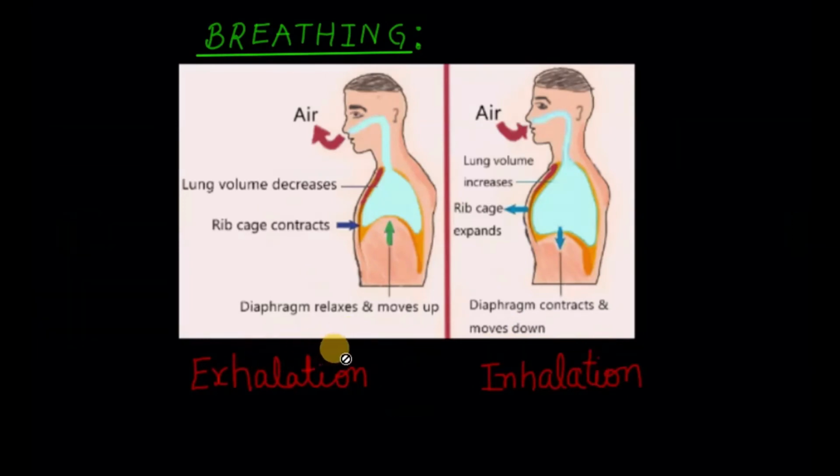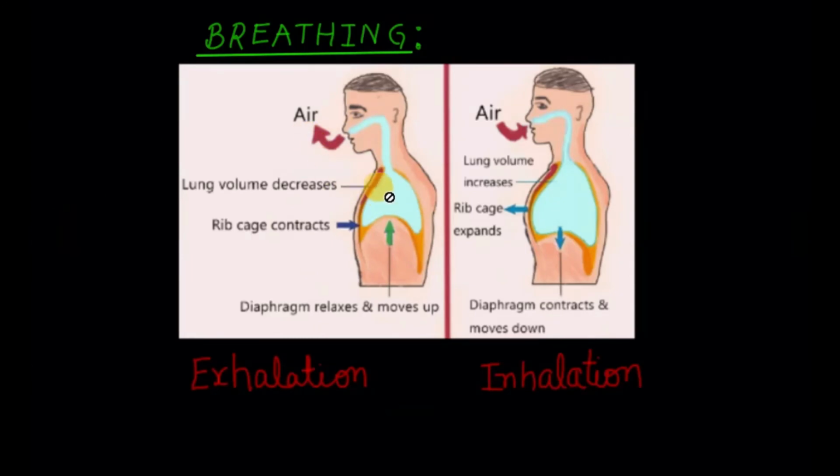But during exhalation, what happens? The diaphragm relaxes and moves up. The rib cage contracts and moves down. This way the volume of the thoracic cavity decreases. With the decrease in volume, the pressure increases. So when pressure increases on the air, this air starts moving from the region of high pressure to low pressure.